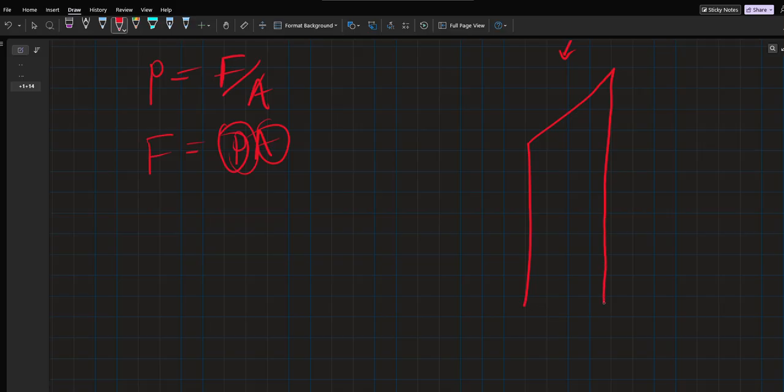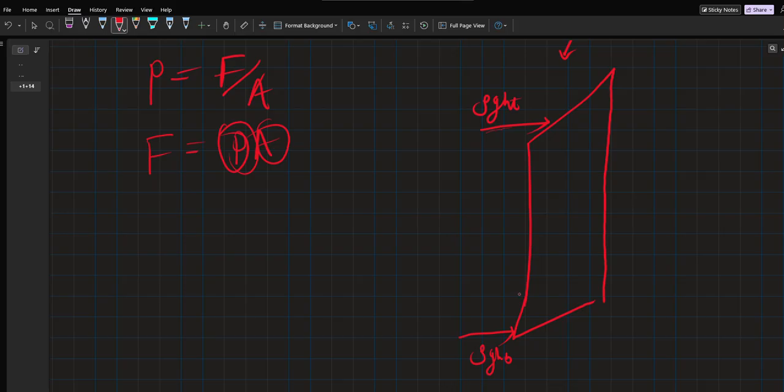I'm just drawing this window, not the entire tank. It's just the window. So we found out we'll have a pressure of rho g h_T at the top of the window, and at the bottom we'll have rho g h_B. So the pressure is changing throughout.